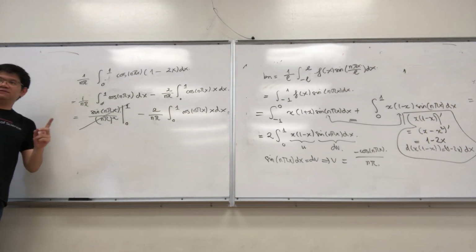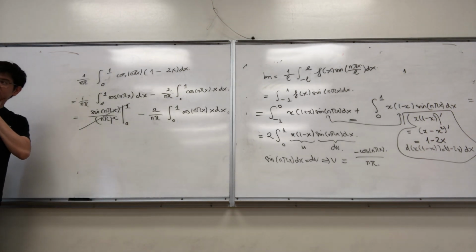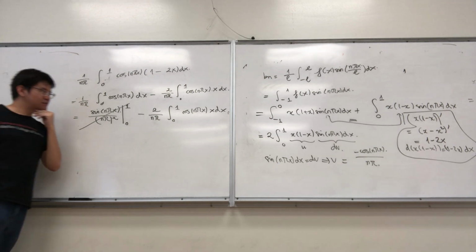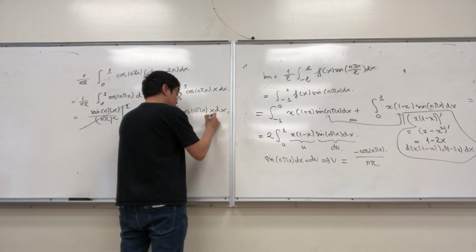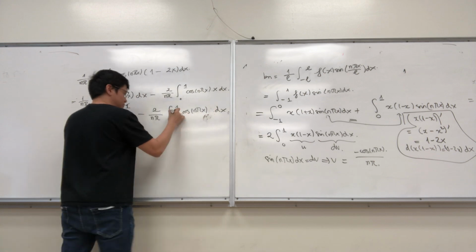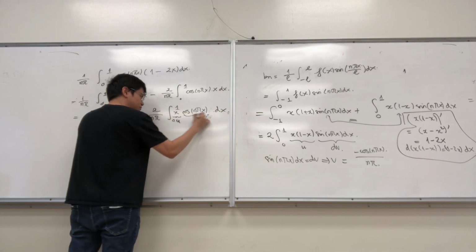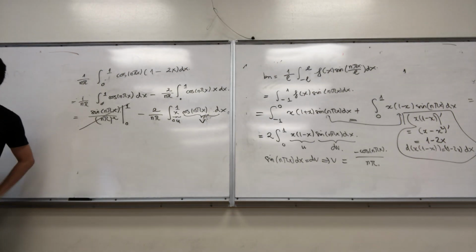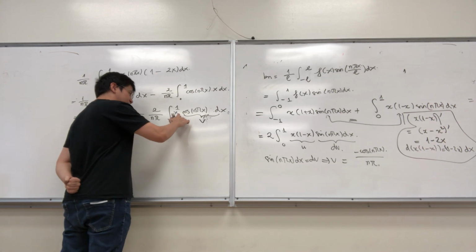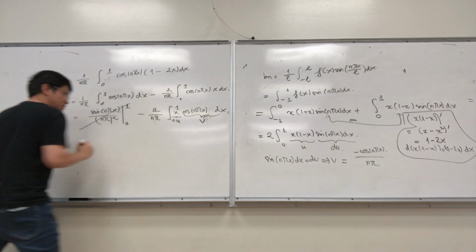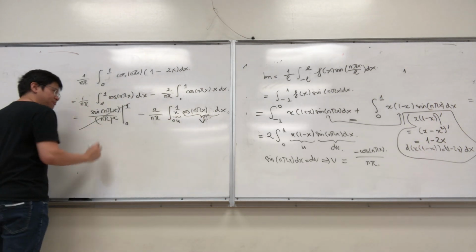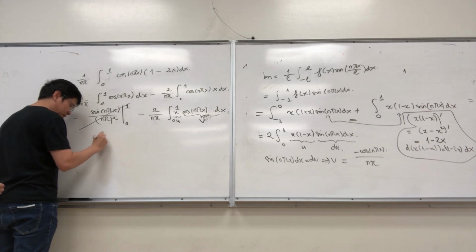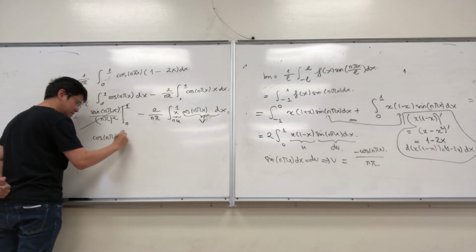Now for the second one, what is the u and what is the v? The u is still the polynomial, and the v is always the cosine or sine, right? So u is x and dv is going to be cosine n pi x dx.